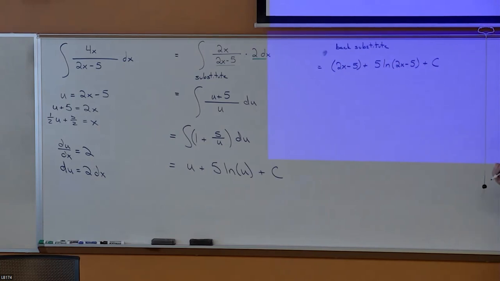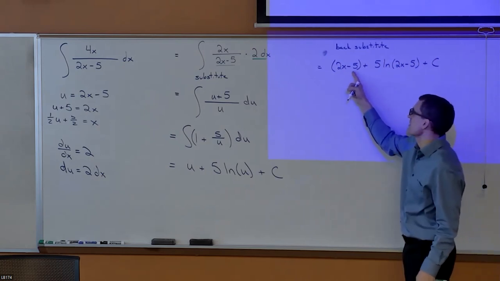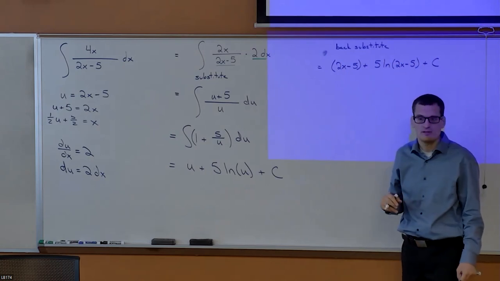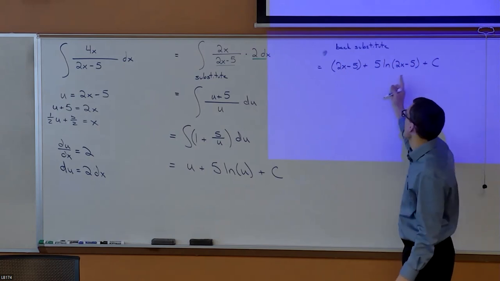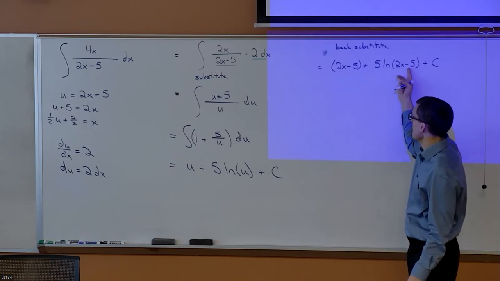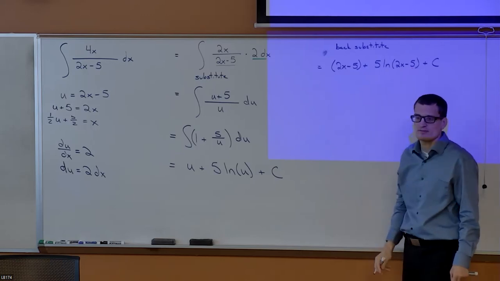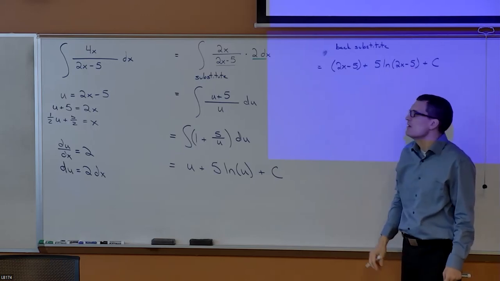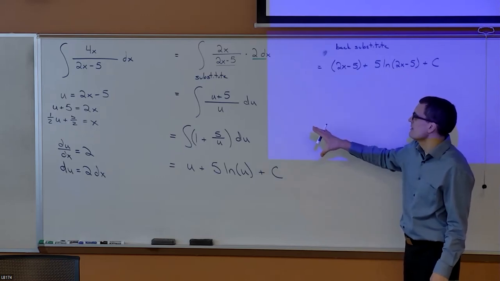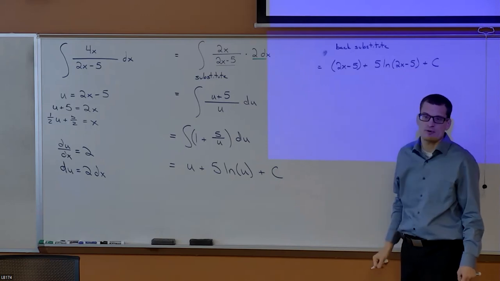Now that final answer could be rewritten. Because this minus 5 is a constant, it could be absorbed into the c if you wanted it to. Does that make sense? But the minus 5 in here could not be. This has to be 2x minus 5. So that's one way to use substitution in order to solve that problem.